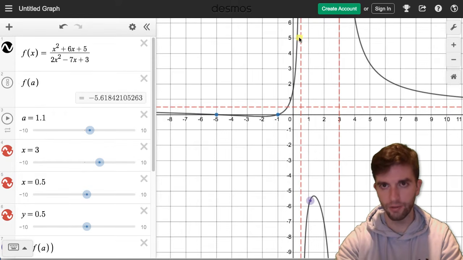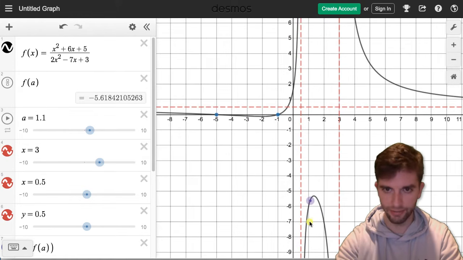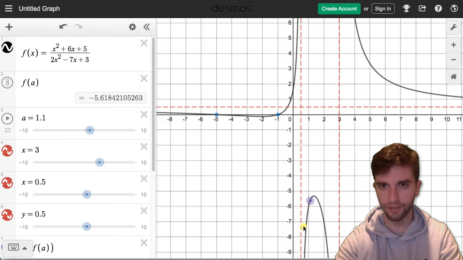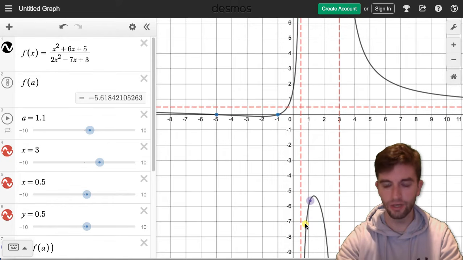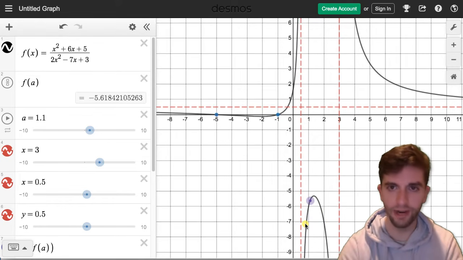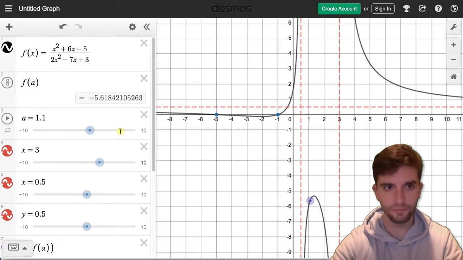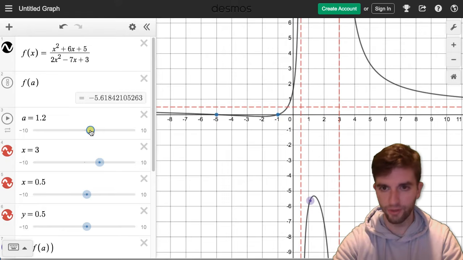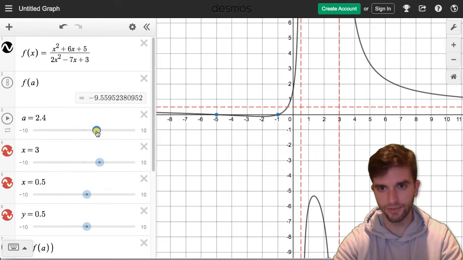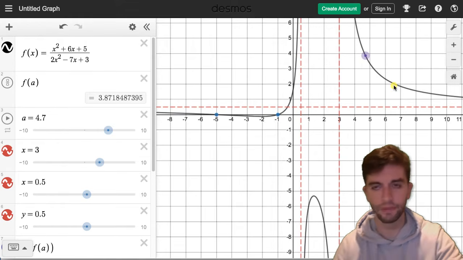So it was positive y values up here. After the vertical asymptote, it jumped way down here, and now it has negative y values. So vertical asymptotes are other important dividing points where the function could switch from being positive to negative or vice versa. And then once it gets to the next vertical asymptote at an x value of 3, it jumps back up to being above here, where the y values up here are positive again.